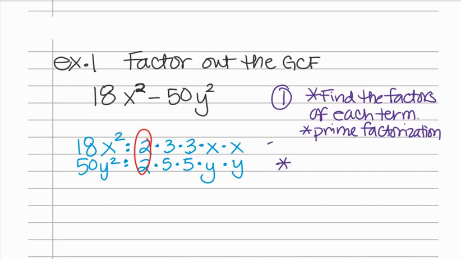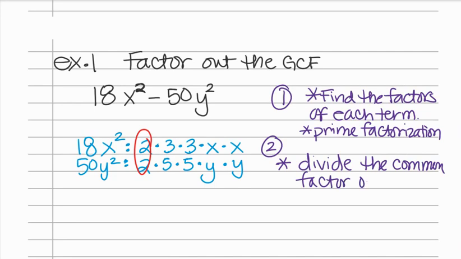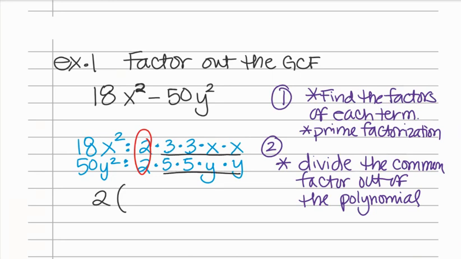Okay, so this was step 1. Step 2 is we're going to divide the common factor out of the polynomial. Okay, so what's going to happen is I'm going to take that 2 and it's going to be divided out. So it's going to come outside. And then if I take a look at what's left, I'm going to rewrite what's left as my expression.